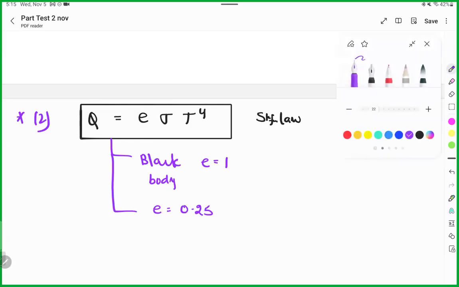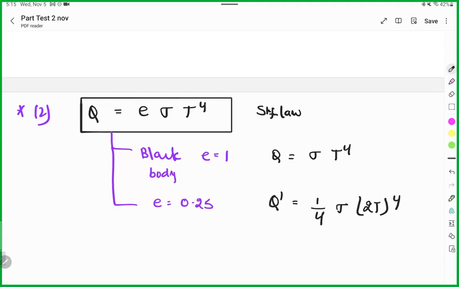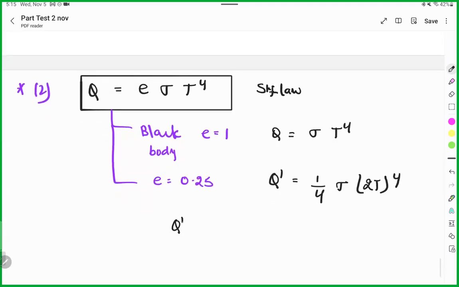So the heat per unit time per unit area will be equal to E value 1, sigma, temperature T raised to power 4. In the second case, emissivity is 0.25, which means 1 by 4, sigma, temperature is 2T raised to power 4. You have to calculate what is the new heat.